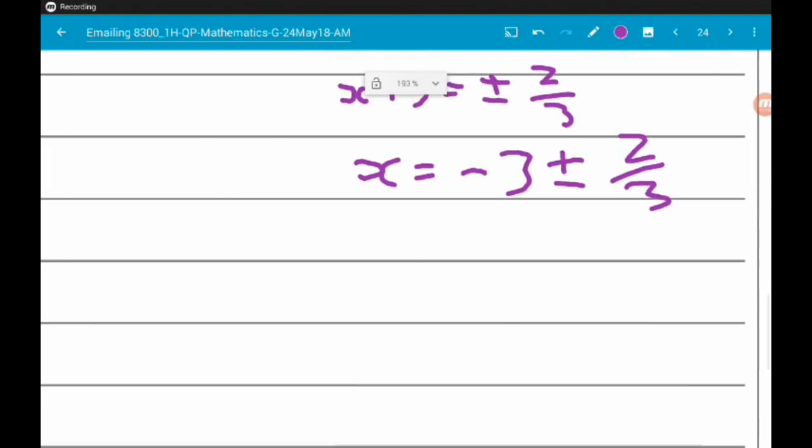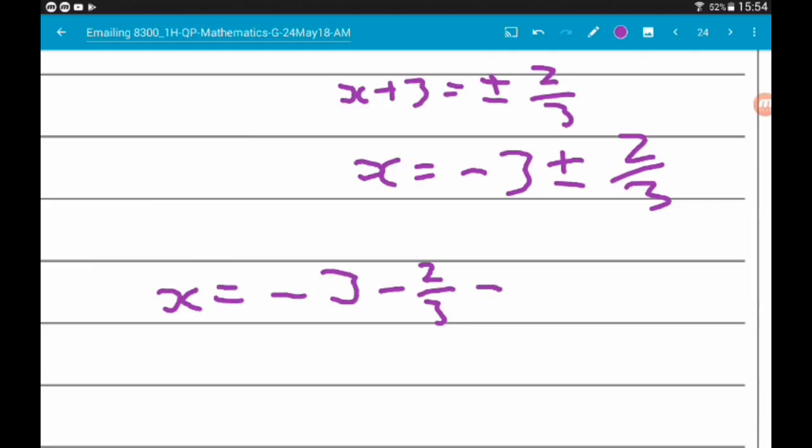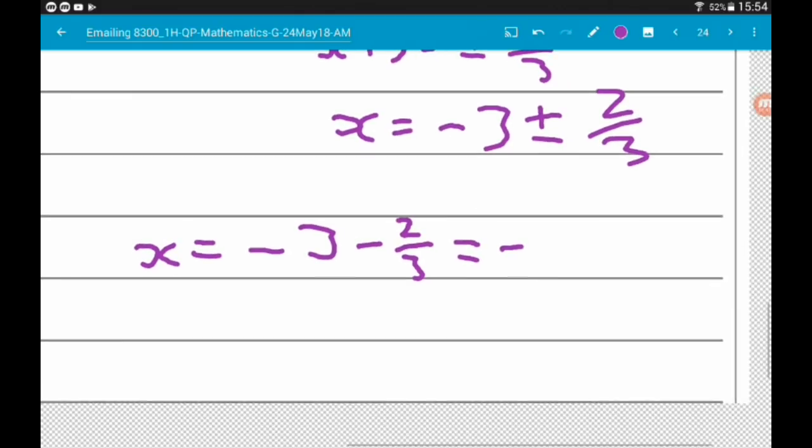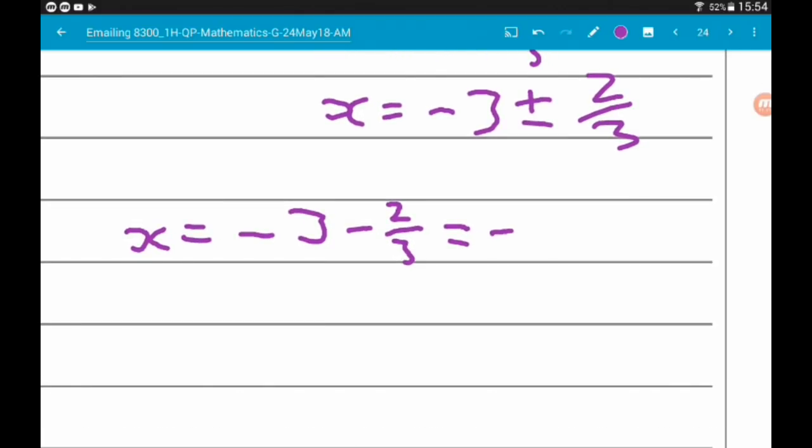So x can be minus 3 minus 2 thirds, which would give us, well, if we think of 3 in terms of thirds, every whole one is 3 thirds.